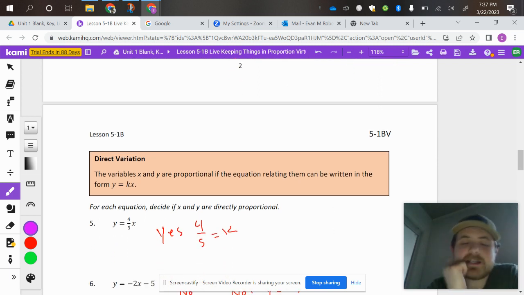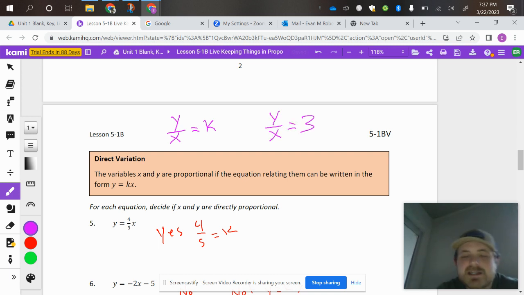Direct variation. The reason why this is considered proportional when it's like y equals kx, I think it might be a little bit easier to see that as y over x equals k, where k would be like a specific number. So an example would be like y over x equals 3, where you can divide the two numbers and get a specific output there, not a bunch of extra stuff like that.